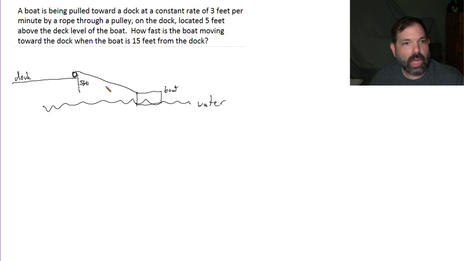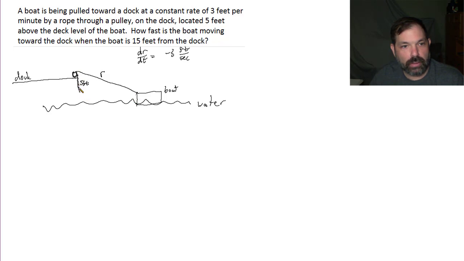All right, so here's how I would think of this. The boat is being pulled toward the dock at a constant rate of 3 feet per minute. So I'm going to say that, here's this rope, and the length of the rope is changing. In fact, I know that dr dt is -3 feet per second. And what we're trying to figure out is how fast is the boat moving toward the dock?